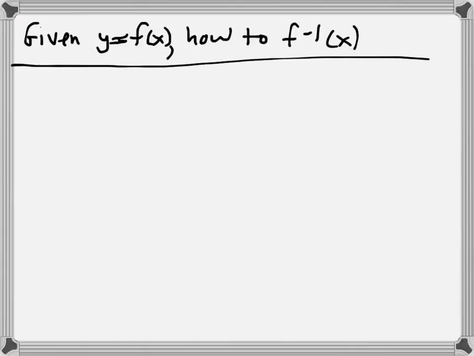This is not in your book yet. Step one: if it's already y equals something, you don't have to do anything. But if it gives you f of x equals something, then just replace f of x with y.